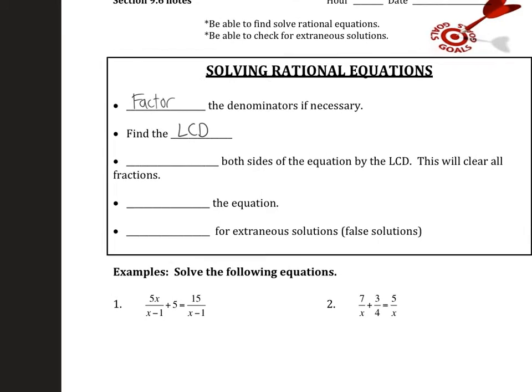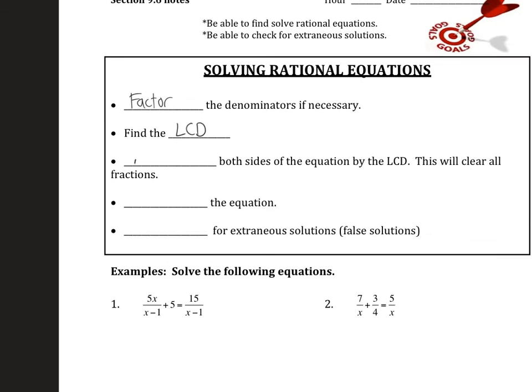Then we're going to multiply both sides of the equation by the LCD, and this will clear all fractions. Then we're going to solve the equation, and then we're going to check for extraneous solutions.